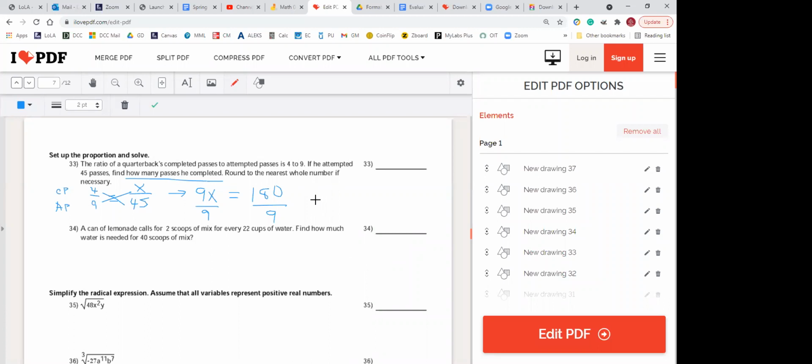So that means x is equal to 20. And that's completed passes. And you can kind of see the same thing. Let's say if we take 20 divided by 45, see we get the same percentage. We get that 0.444.